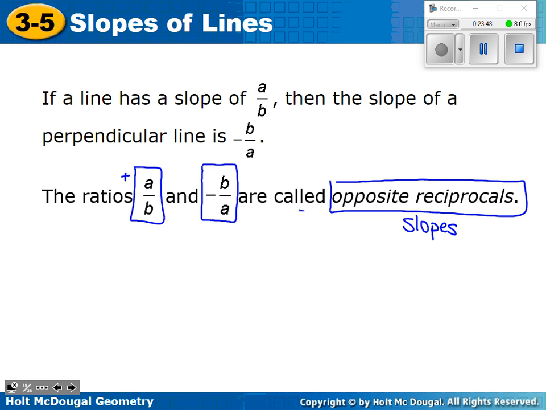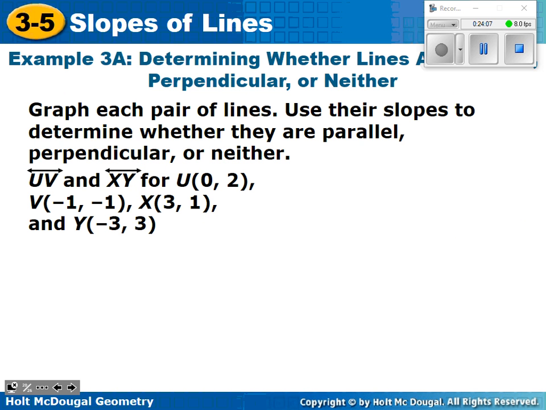So if I flip 2/1, what does it become? 1/2. So it's going to have the opposite sign and the reciprocal fraction. Does that make sense? So ask yourself every time, if it's negative, I have to change the sign, and then how do I flip it? What do I get when I flip the slope? Okay, so perpendicular lines are going to have opposite reciprocal slopes.